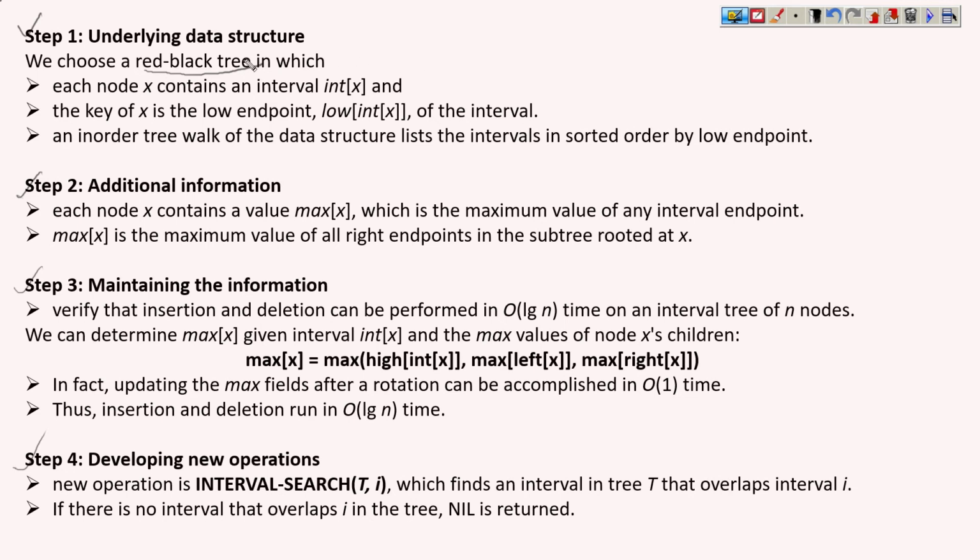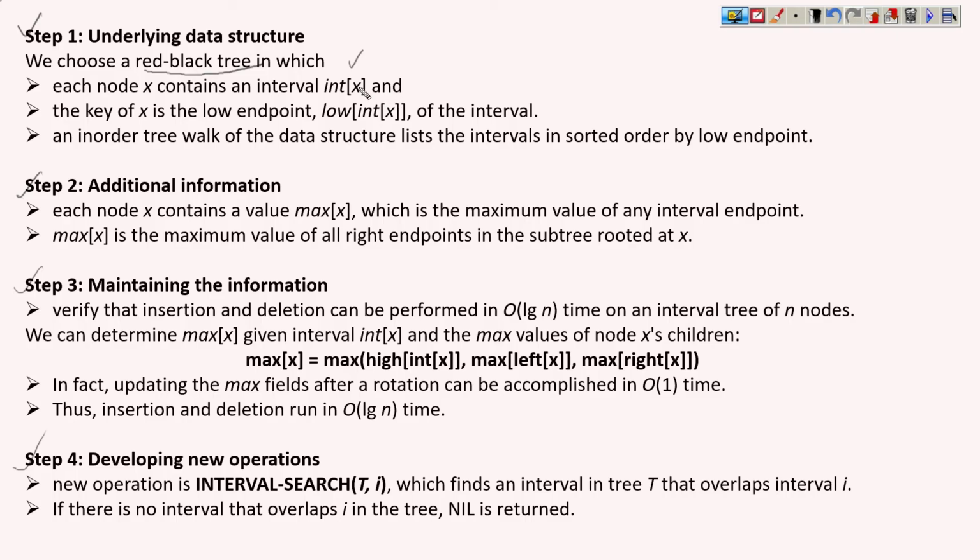In this red black tree, we are going to add one field int x, which basically represents the range or the interval. And the key value means the decision on which we are going to process, when we are doing insertion or deletion. During all these operations, we need some key value.